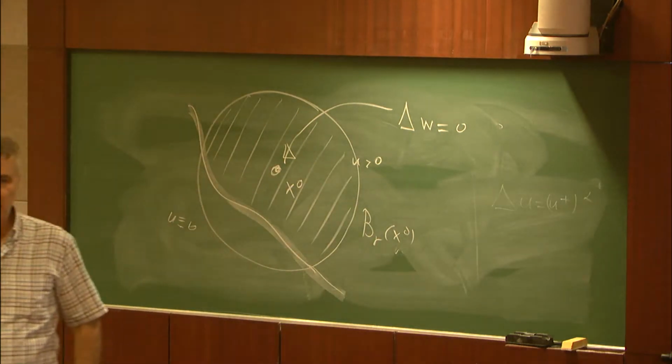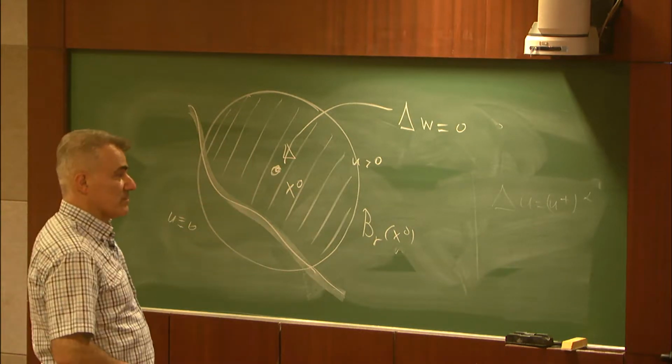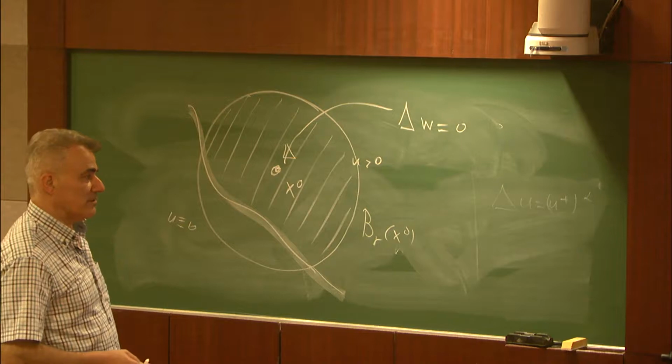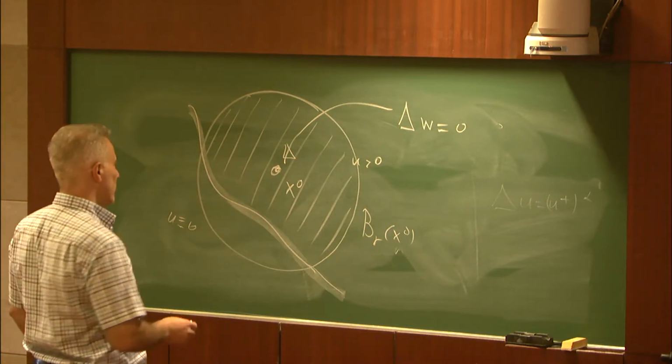Agree? Because Laplacian of u is 1, I'm not going over the free boundary, I'm inside. And Laplacian of that function is 1, so they cancel each other. What else? W at the point x0 is 0.